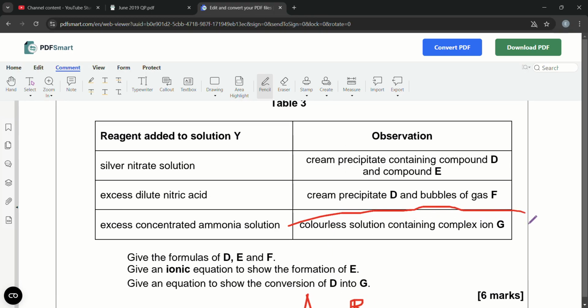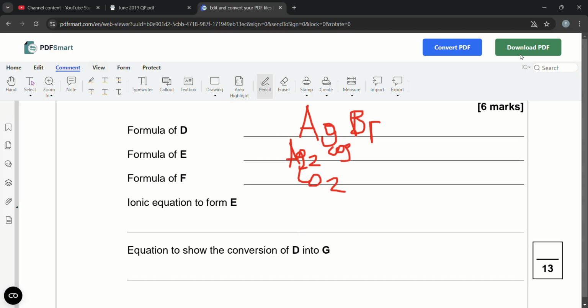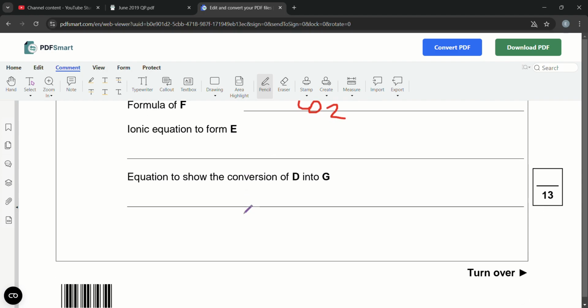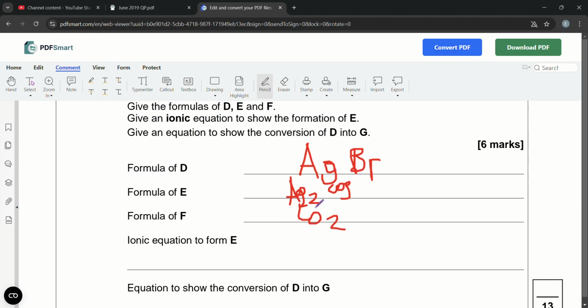There's a colourless solution containing complex ion G. So AgBr, Ag2CO3, CO2.